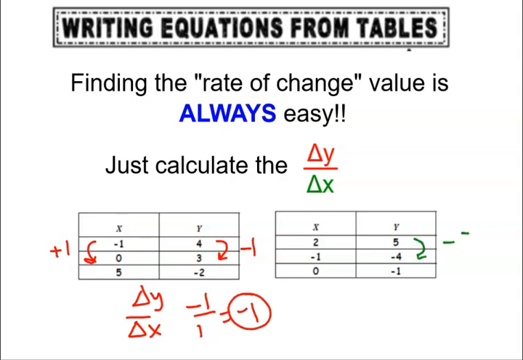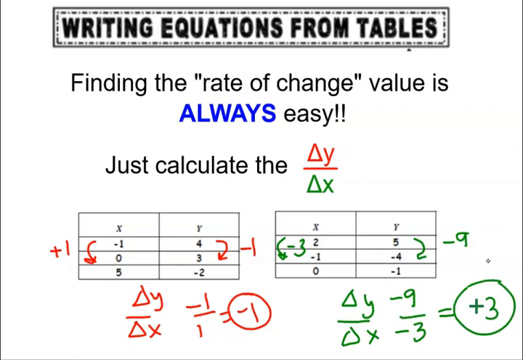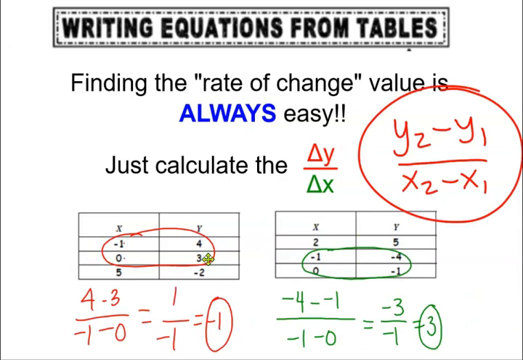This is going down 9, and this is going down 3. So the change in y is negative 9, and the change in x is negative 3. Let's go back to the other method. If you use the slope formula, you would get the same answer, negative 1 and 3.